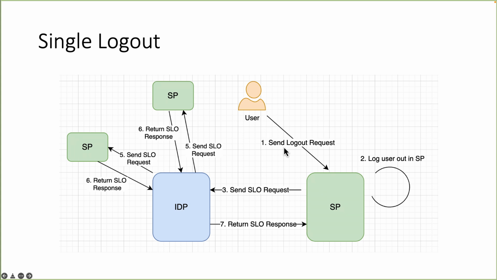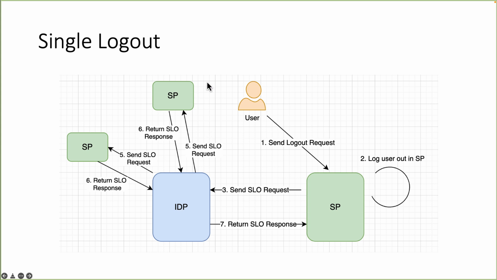That is to say, when the first SP receives the SLO request, it needs to support that so that it can send the SLO request to the IDP. It also needs to parse or extract and validate the information in the SLO response sent back by the IDP. So this SP needs to support SLO in the first place.